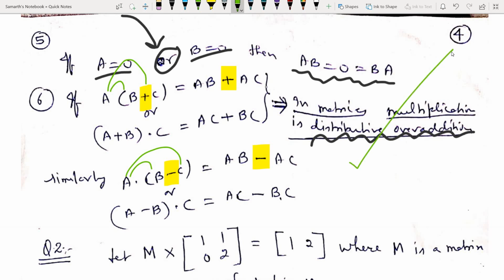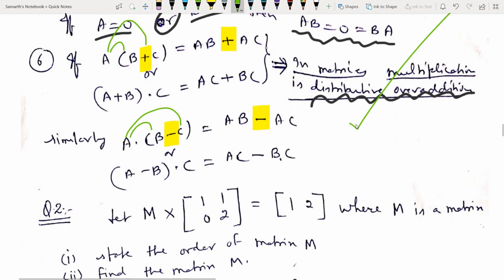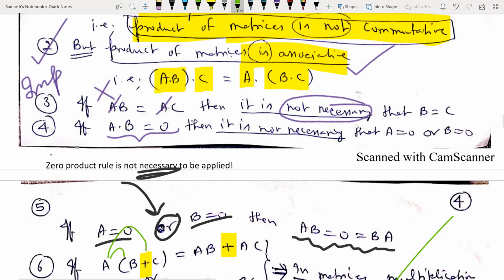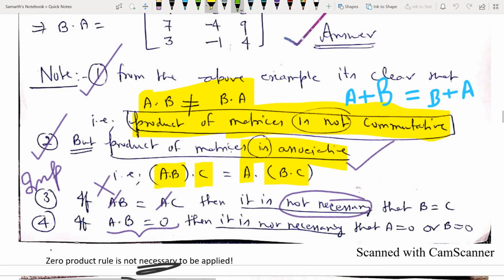So you have to remember that matrix multiplication does not follow the commutative law, but the associative law and distributive law both are followed.